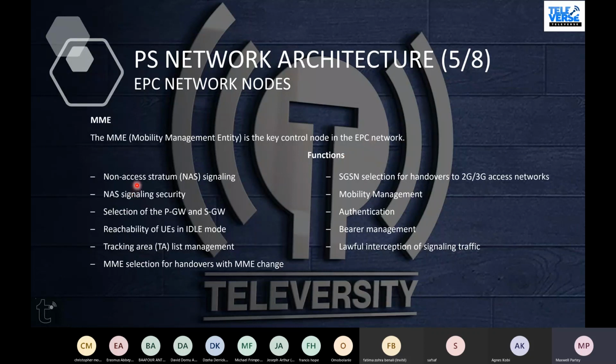It handles the non-access stratum signaling, which means that if ever you hear this term non-access, it means the kind of signaling which is transparent to the access network, meaning that the access network does not interfere with this kind of signaling.